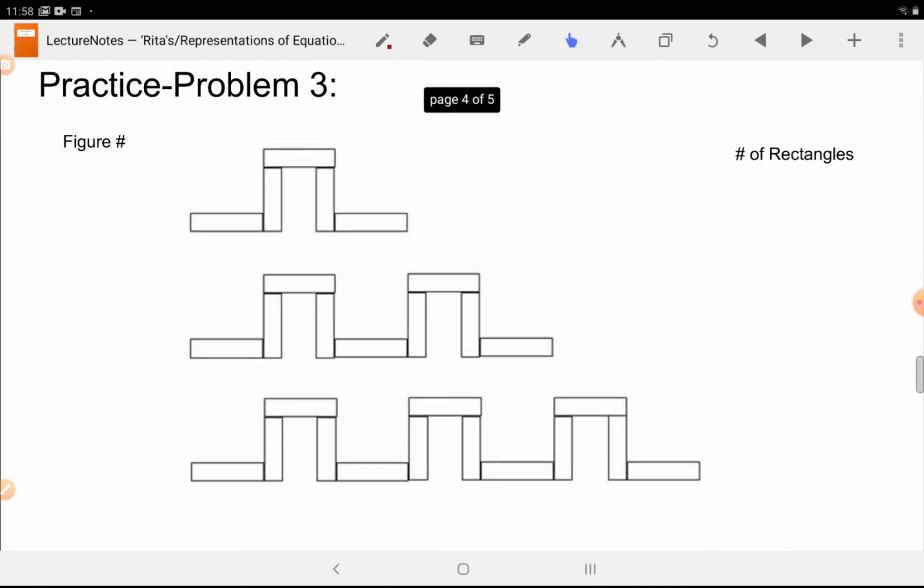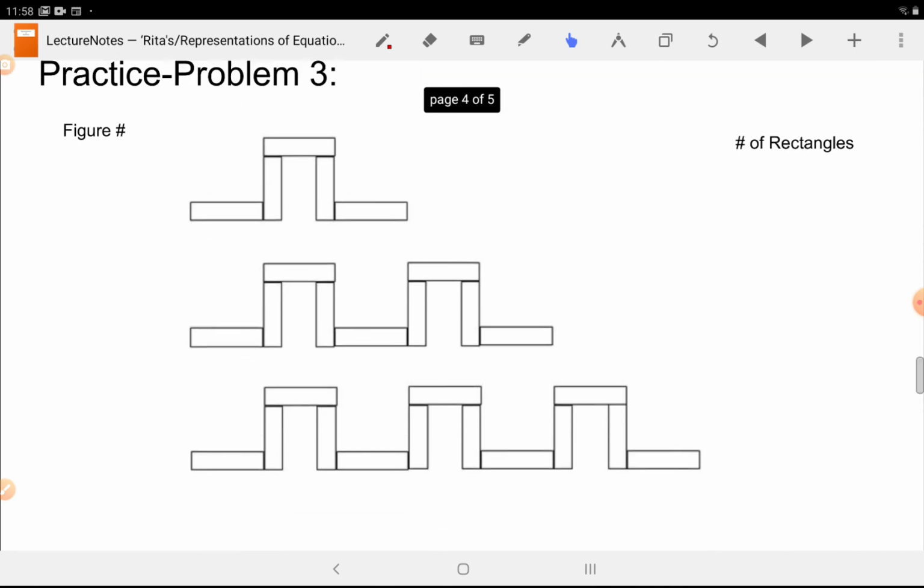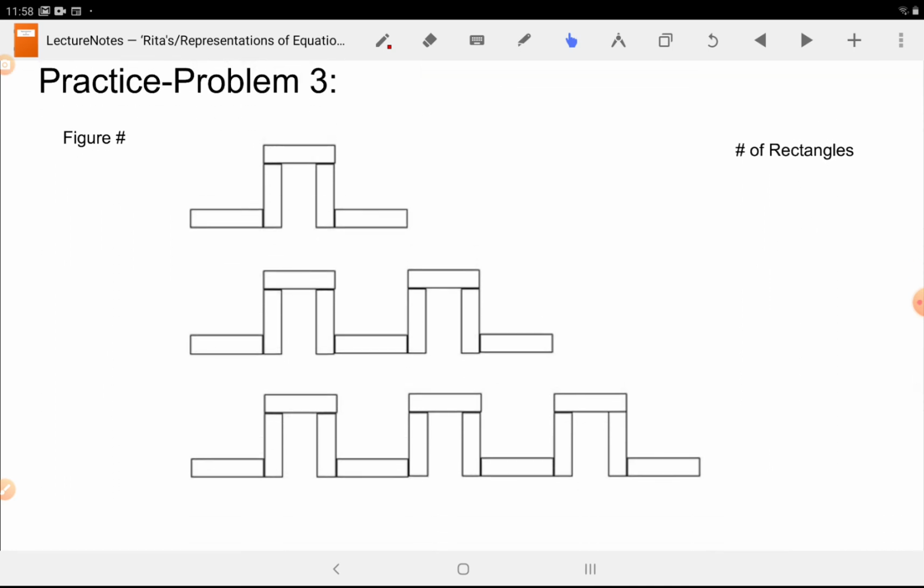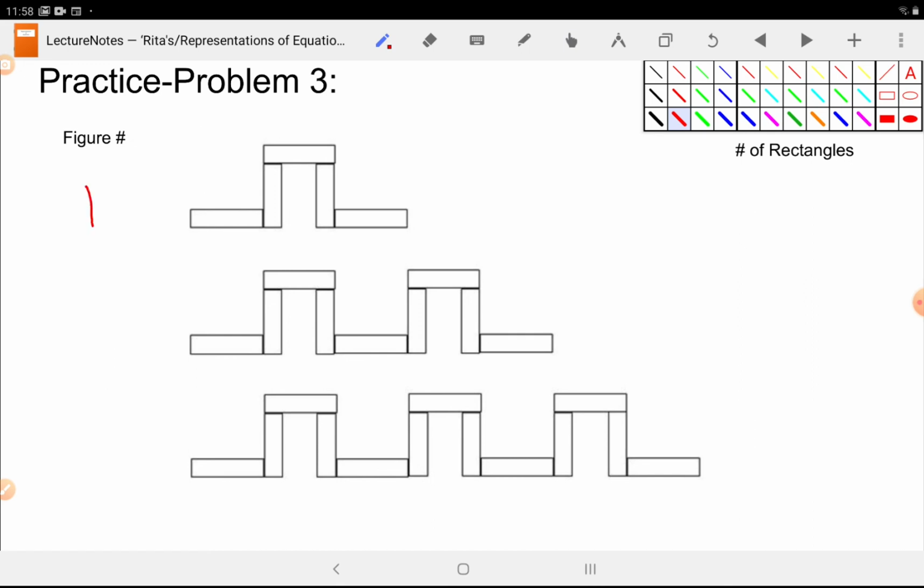And then the last practice would be this pattern right here. This one is with rectangles. So you have to figure out figure number, then you write, this is my figure number 1, figure number 2, figure number 3, and then I need to figure out number of rectangles. How many rectangles does this one have? 1, 2, 3, 4, 5.